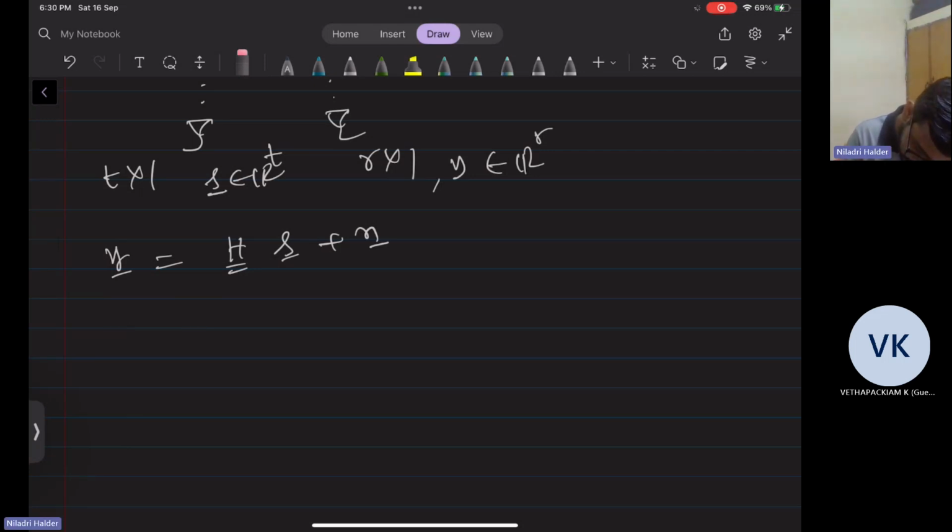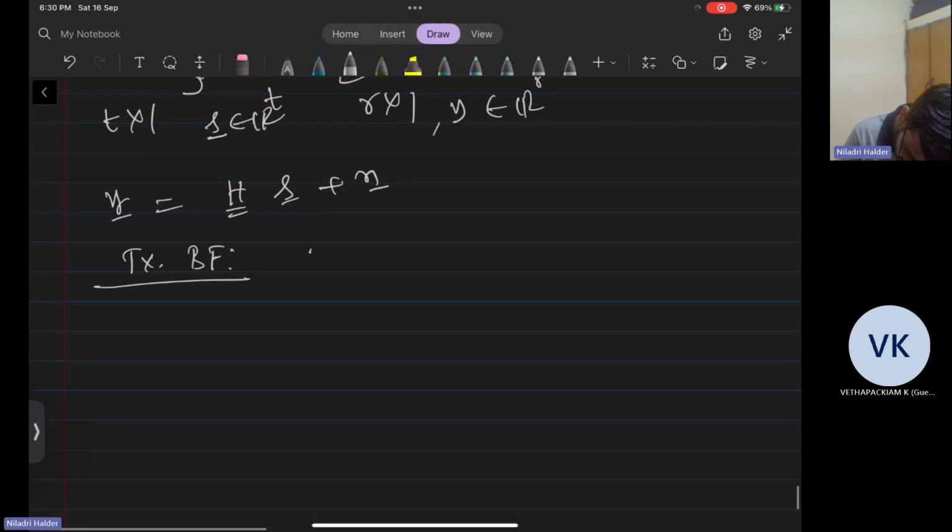Now the thing is that now transmit beamforming. For the transmit beamforming, we will send one vector v for the same x. So that means at the receiver we are getting H v x plus n.